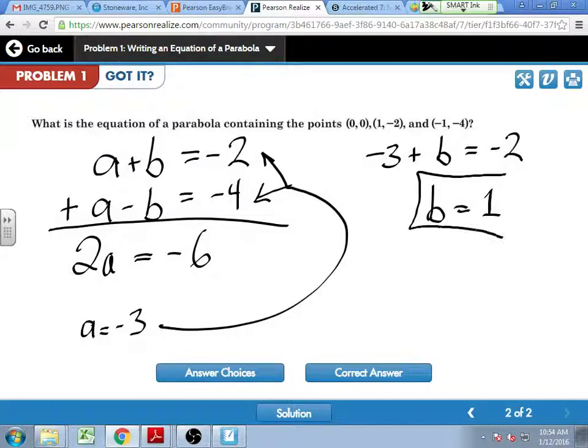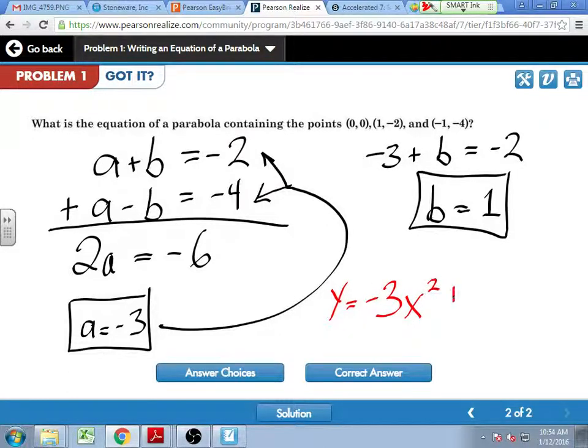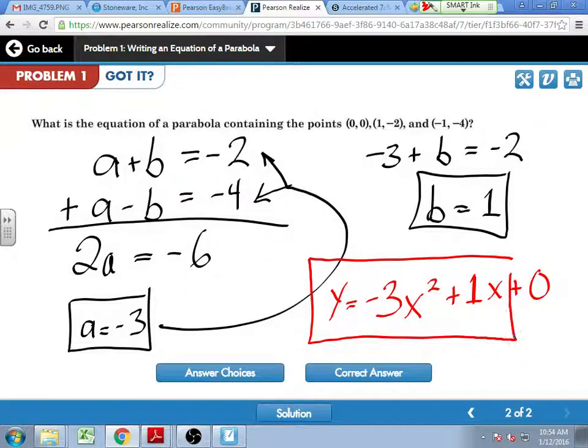Then I'm able to write out my whole equation as y or f of x equals -3x squared plus 1x plus 0, or we don't have to write the plus 0. Questions? Yeah.